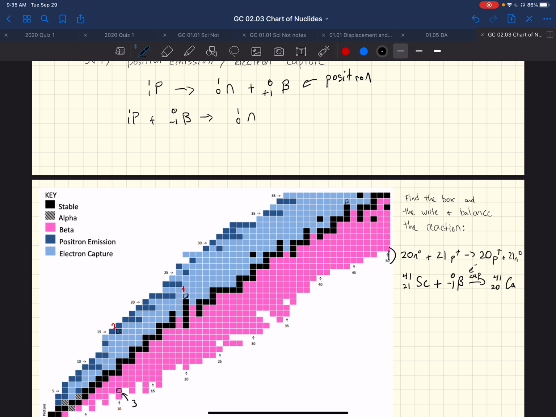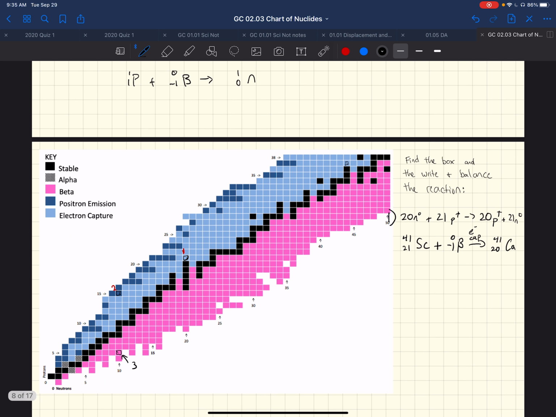So the other thing that you need to know is what effect these things have in the chart of the nuclides. What this means is that my number of protons goes down by 1, which means that we move down. And my number of neutrons increases by 1, so we move to the right 1.